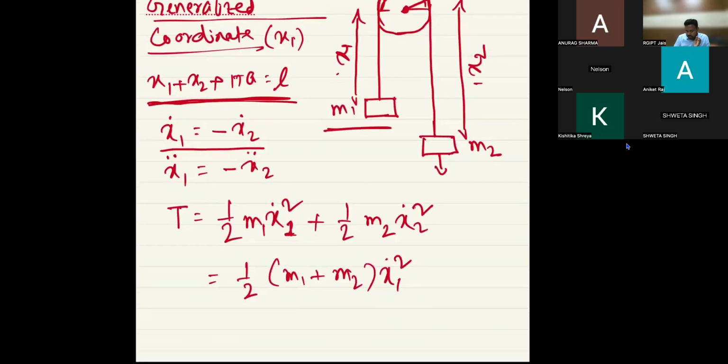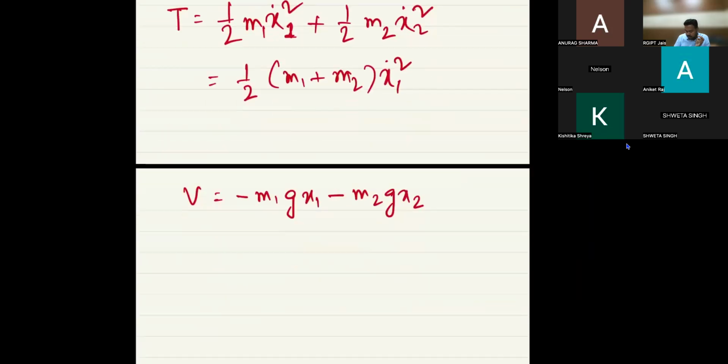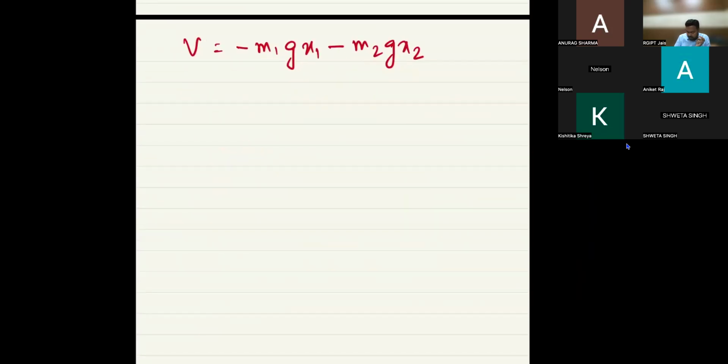If you don't take the center of the pulley as the reference frame, you can take any other point also, but then you have to subtract the constant term. So this you can say minus (m1 minus m2) g x1.